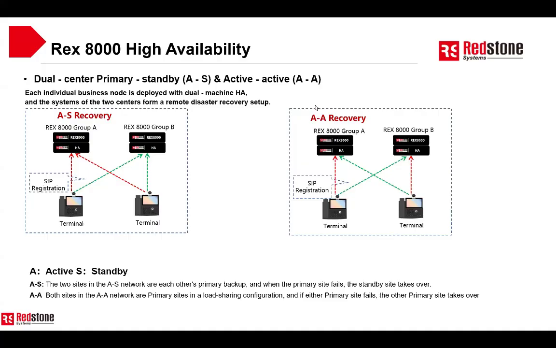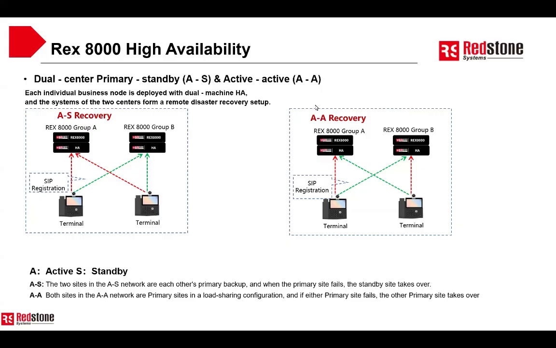But the second scenario is called non-preemptive, like the not-primary-active mode. In this situation, both centers have equal authority. Which means after the network recovers and after switching to B, the users will stay there even after A recovers, right? So this is the point I want to introduce to you too.